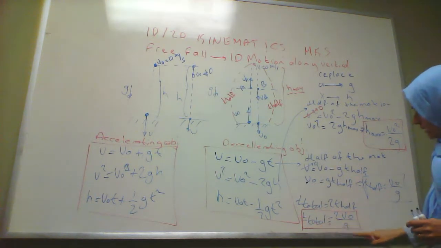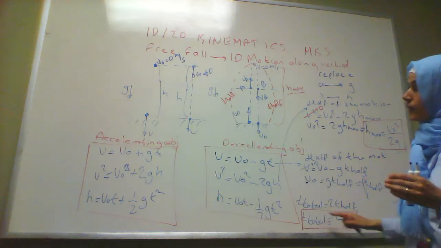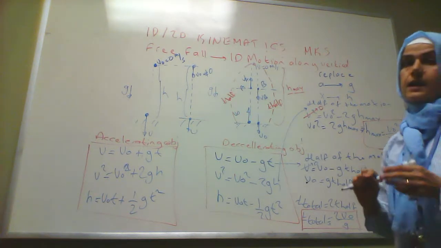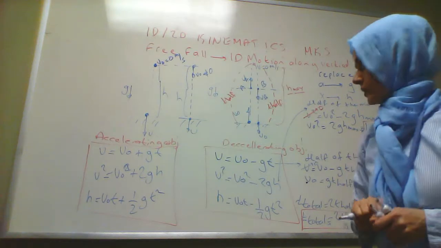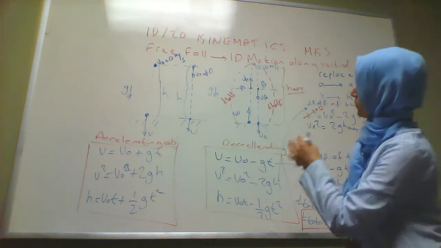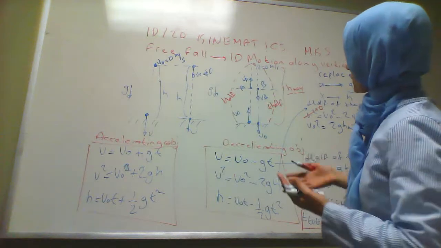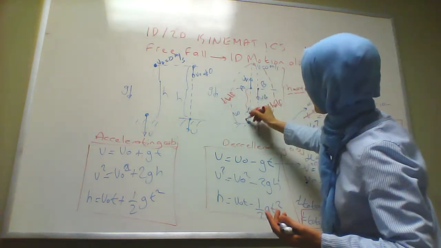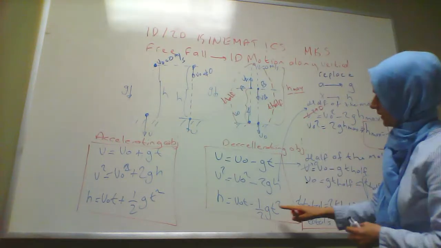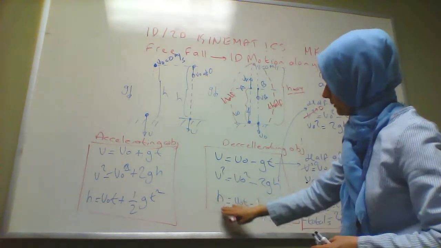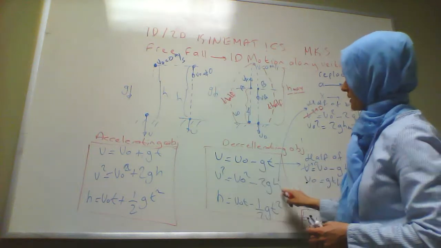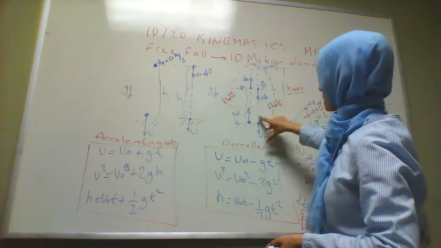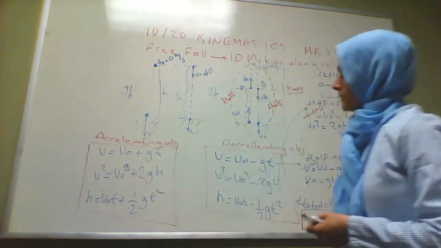So total time t can be found if you only know v0 in this motion, and h maximum can be found if you know only v0 in this question. There could be some further questions asking a velocity value at any point or height at any point, and all these could be found using these equations, or if we are in the accelerating part, we can also use plus equations.